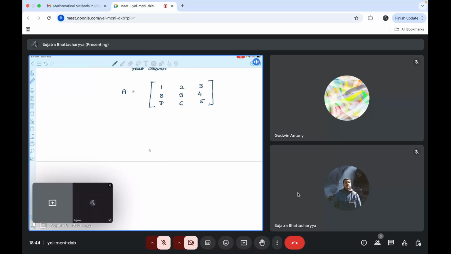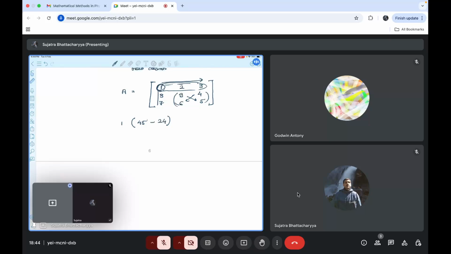To calculate the determinant, go through any row. Suppose you are considering this row first. So write the first element 1. Leave that column, leave that row. Whatever is there, you just calculate the determinant of this. So what is the determinant? 9 times 5, that is 45, minus 6 times 4, that is 24. This is the first part.